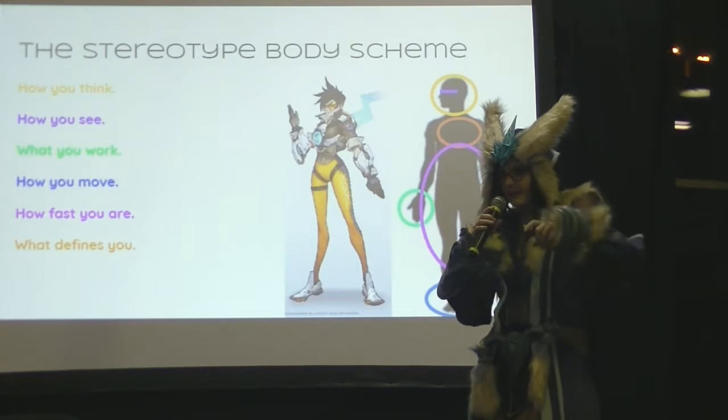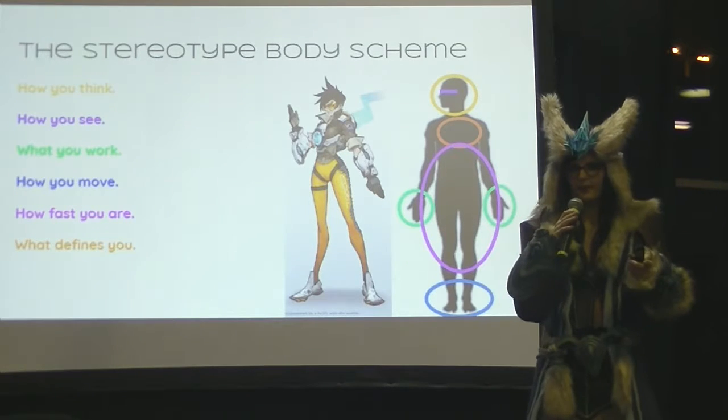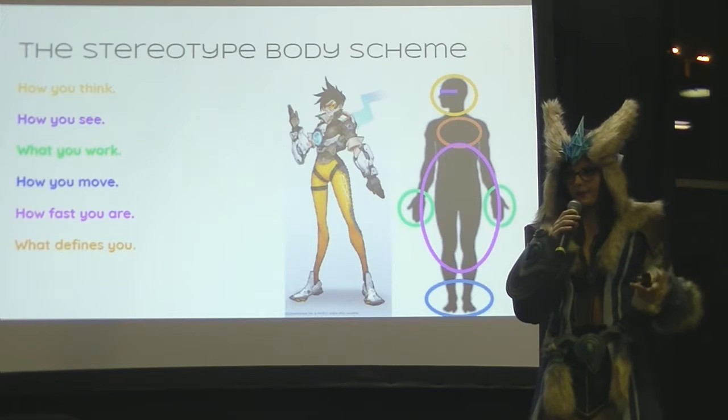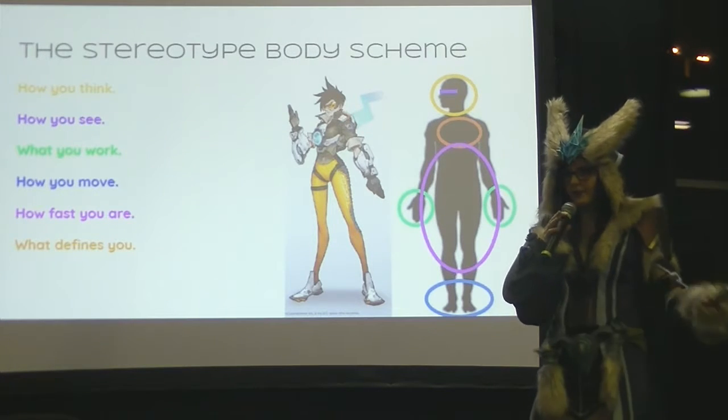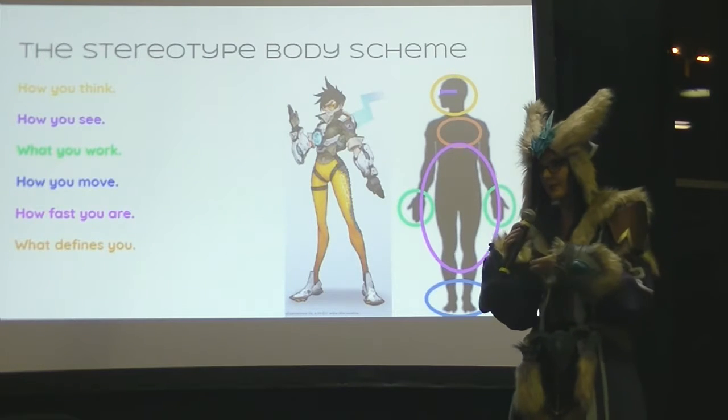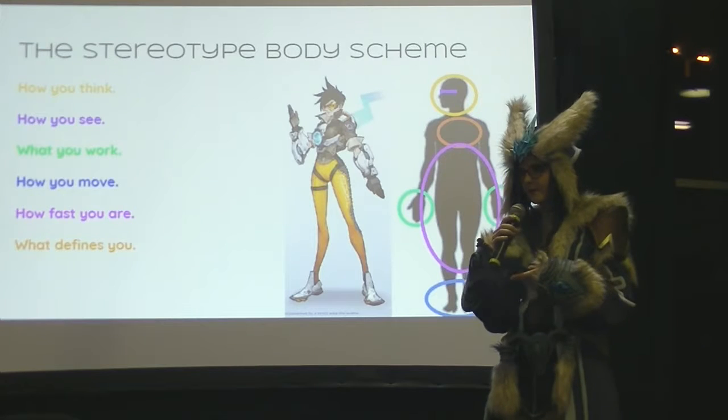Because we see the silhouette of a character, and if the silhouette is very wide and looks very heavy, although it's just a flowy dress, it seems to be heavy, and we assume that it is moving slowly.